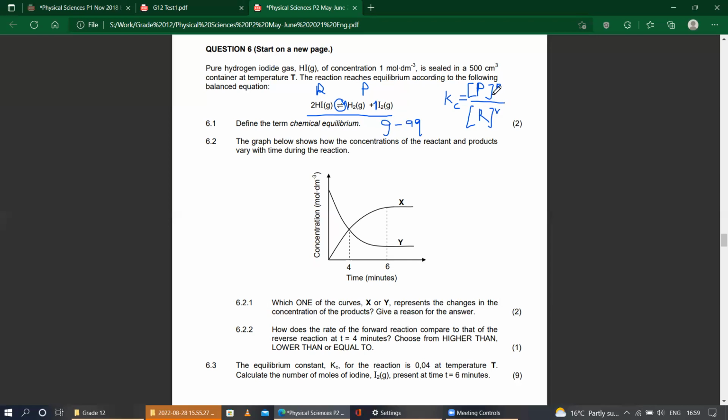So if you have a reaction, let's say NaCl plus water H2O, then our NaCl is going to give us Na+, which is in an aqueous phase.